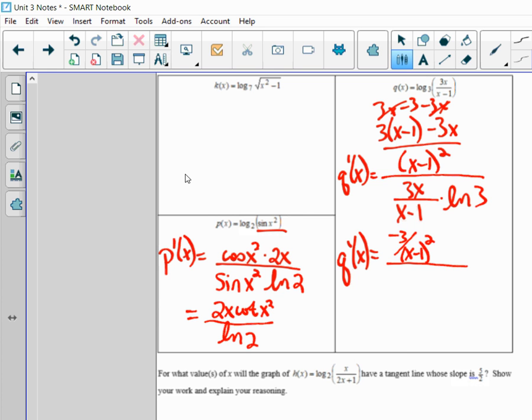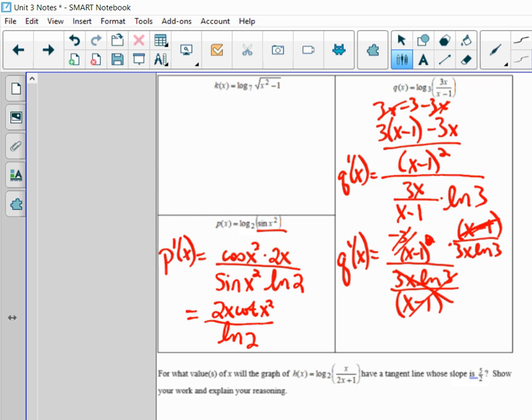This is just all multiplication, so I don't have to get a common denominator. That's just like 3x ln of 3 all over x minus 1. Since it's not squared, I would invert and multiply here. So I would flip this up and make that x minus 1 over 3x ln of 3, right? And then I could cancel this out with one of these.